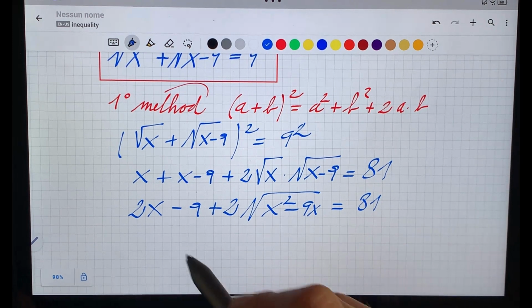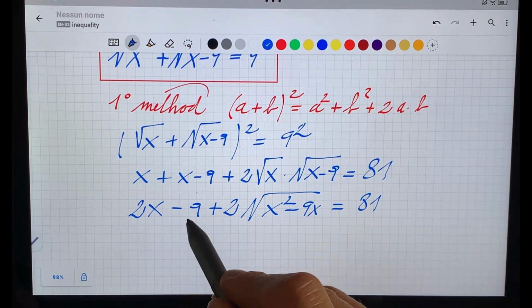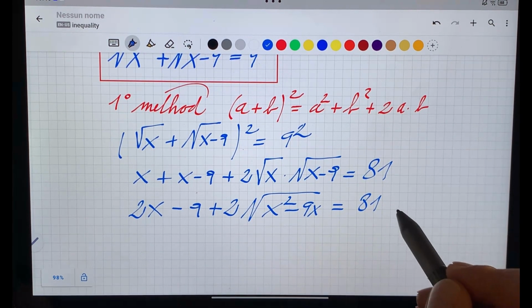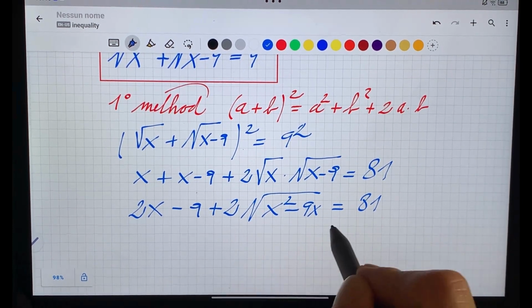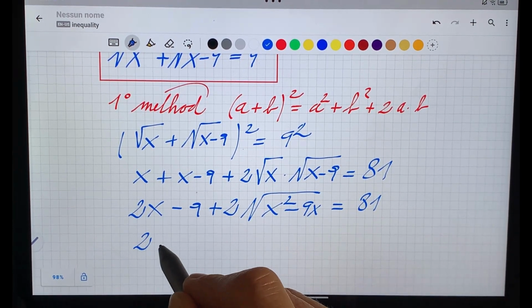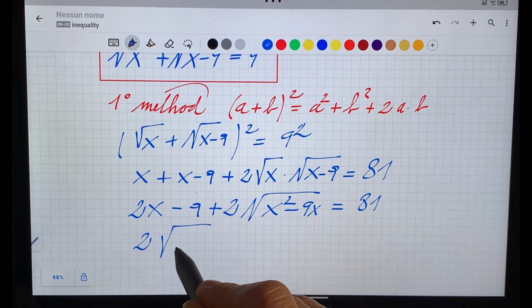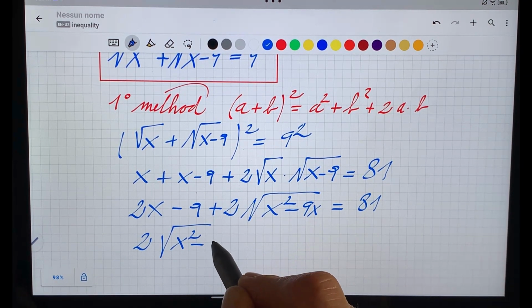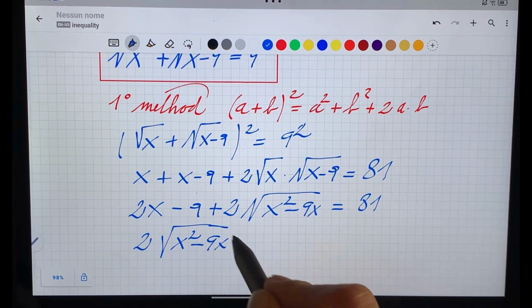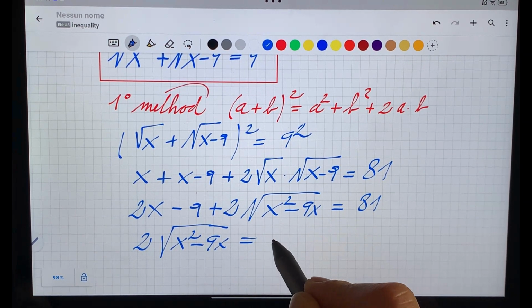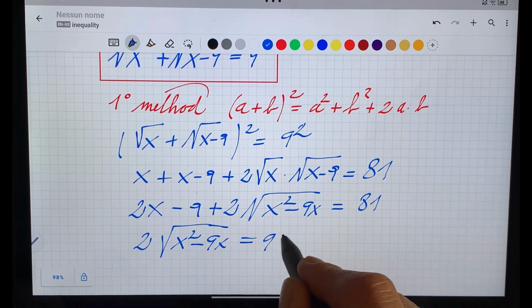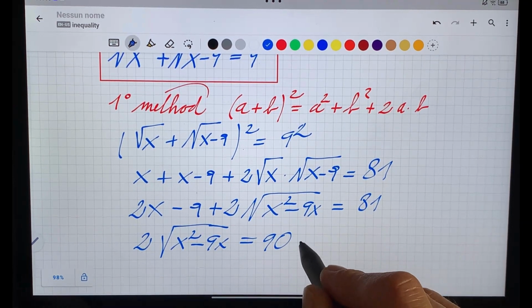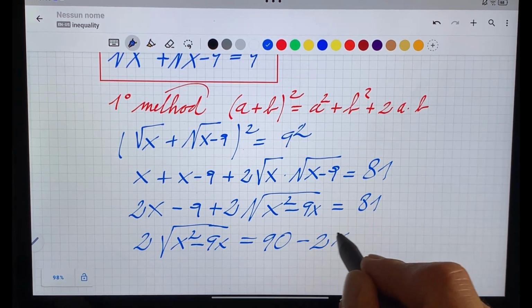And again, we'll take 2x and negative 9 to the right hand side. So I'll write this: 81 plus 9 means 90, and then minus 2x.